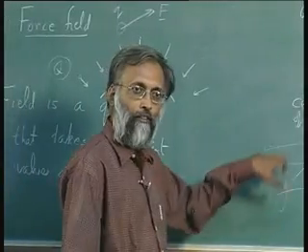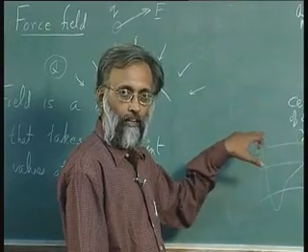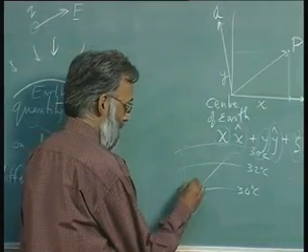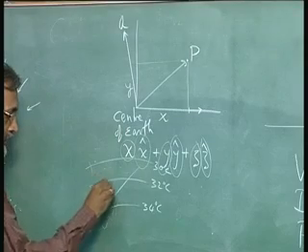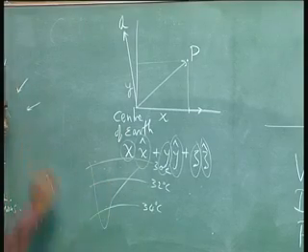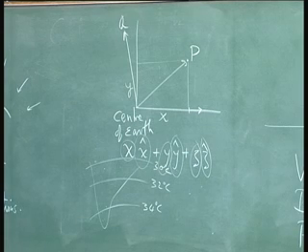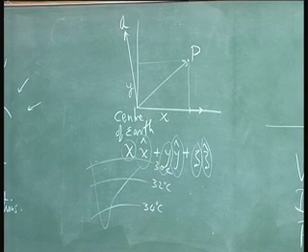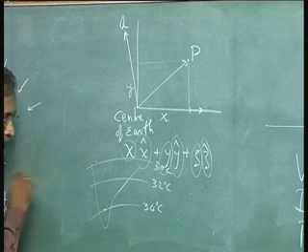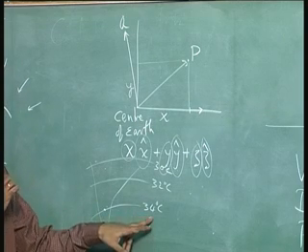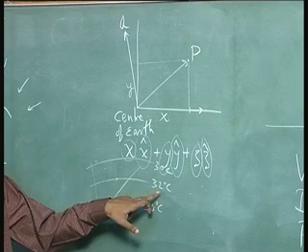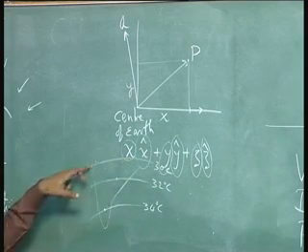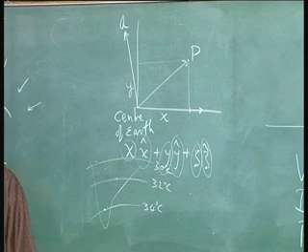This is actually defining a scalar field. It is saying that at every point in this subcontinent, you can associate a temperature. The scalar field is the temperature. At this point, the temperature is 34 degrees. At this point, the temperature is 32 degrees, and at some point on this line, the temperature is 30 degrees.